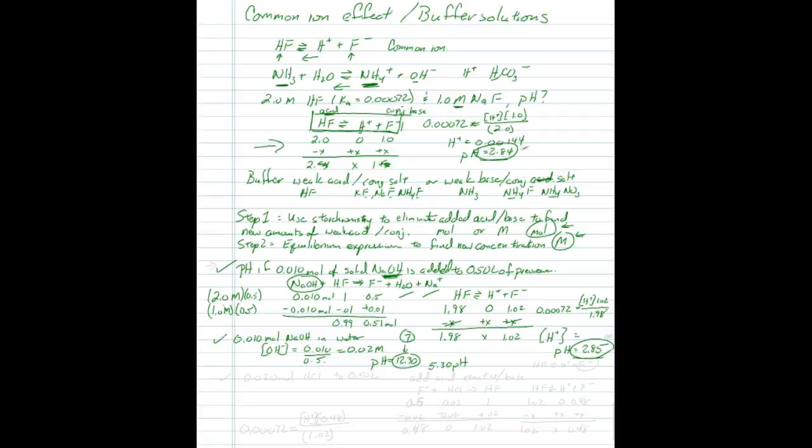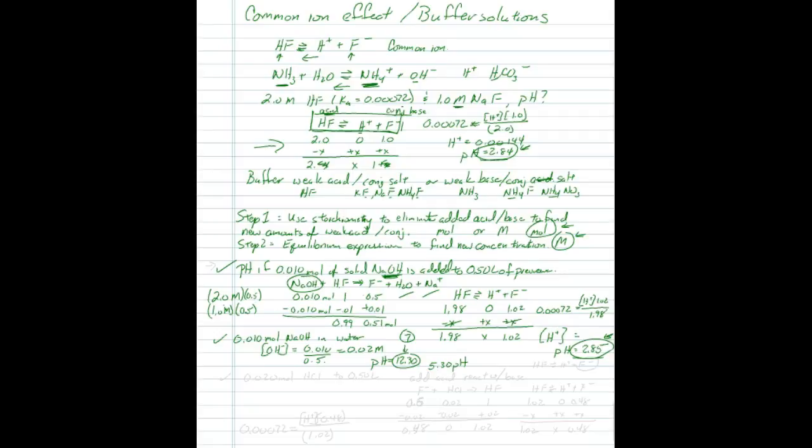Adding the same amount of base to a buffered solution, it changed 0.01. So it changed 0.01 compared to 5.30. That is the big benefit of buffered solutions.